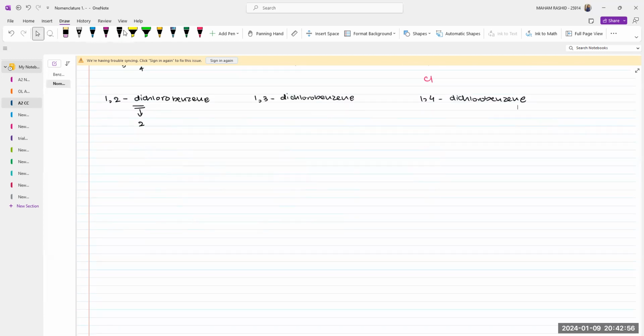Now we move on to the major part of naming substituted benzene.